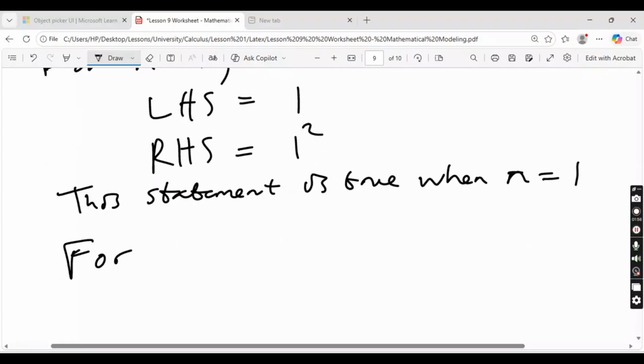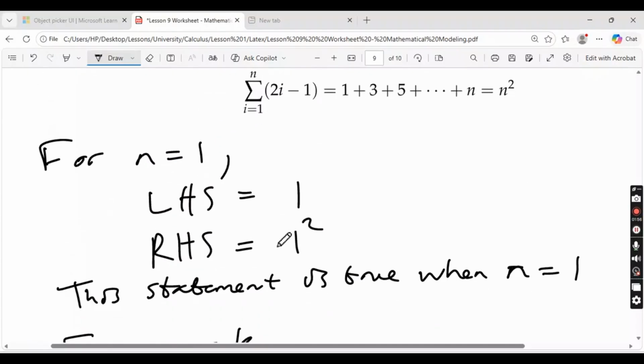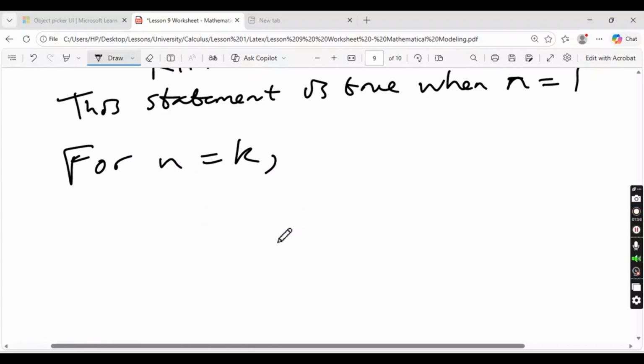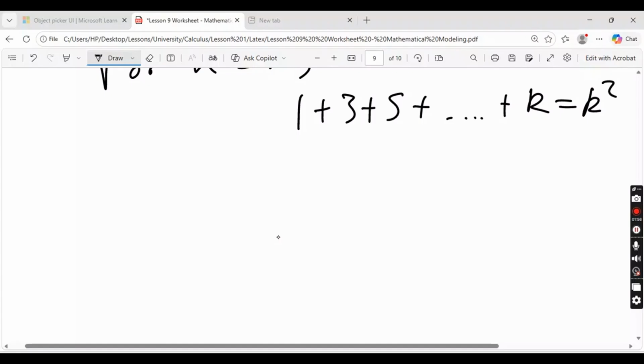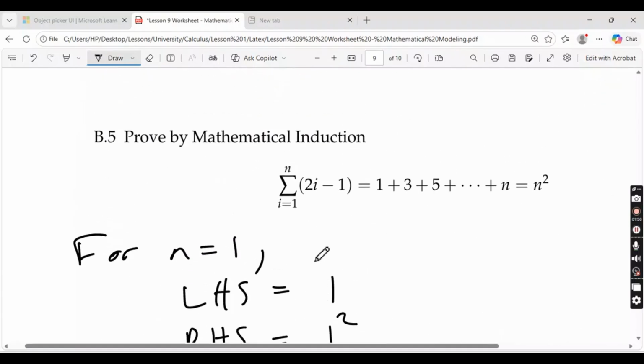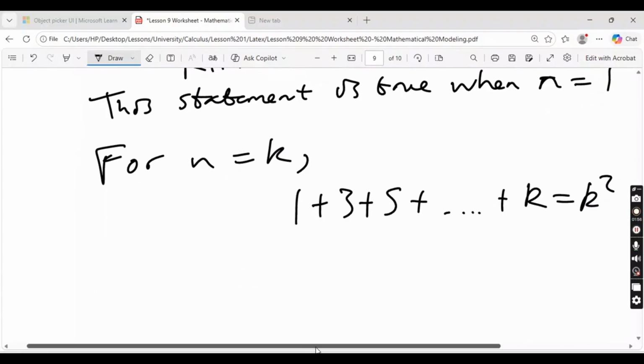Next, we prove for n equals k. Then we say 1 plus 3 plus 5 plus ellipses plus k is equal to k squared. Okay. What's next?